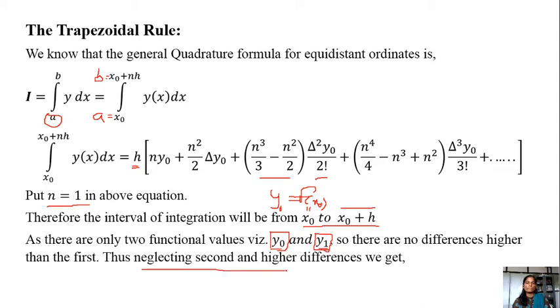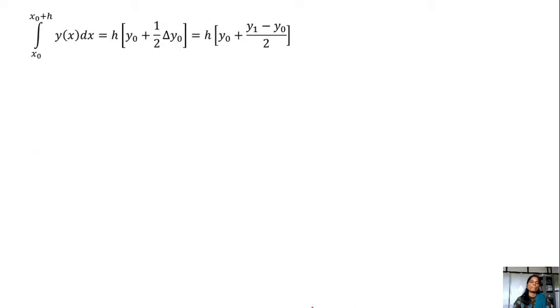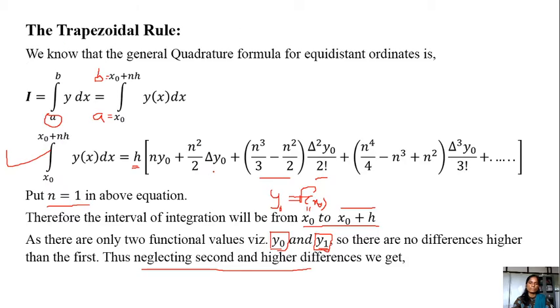Therefore we are neglecting second and higher differences from this equation of the general quadrature formula. So integration x naught to x naught plus h y dx: this term will not be there, and we just want this term and this term.